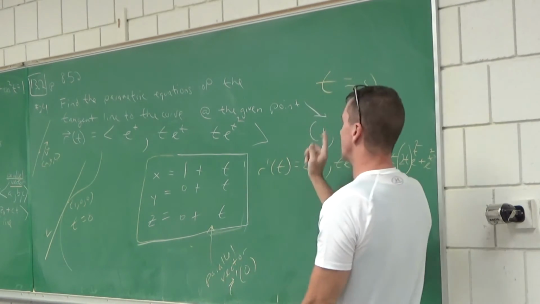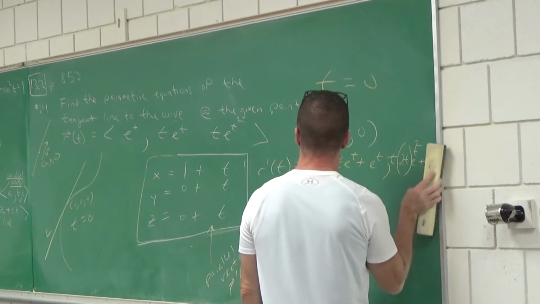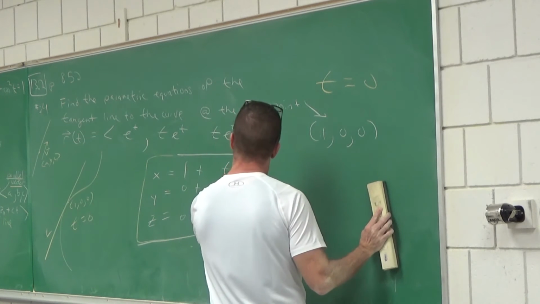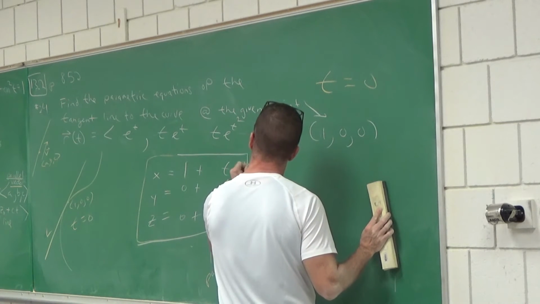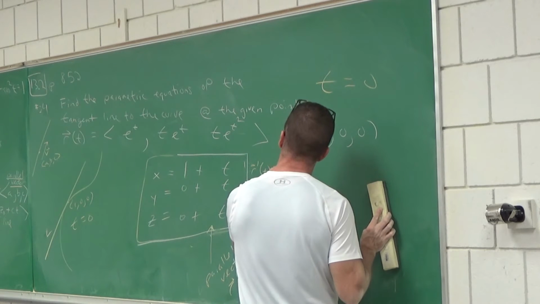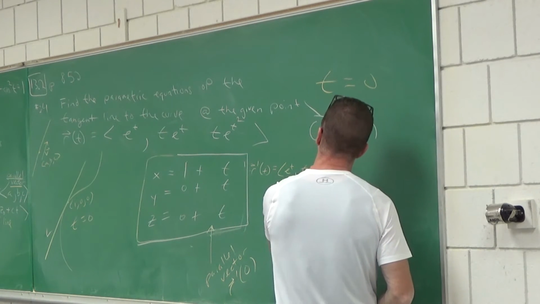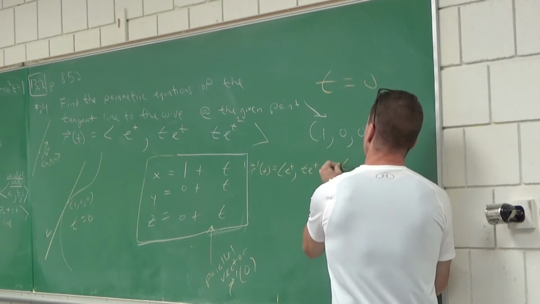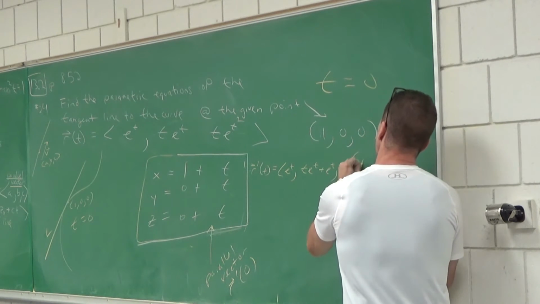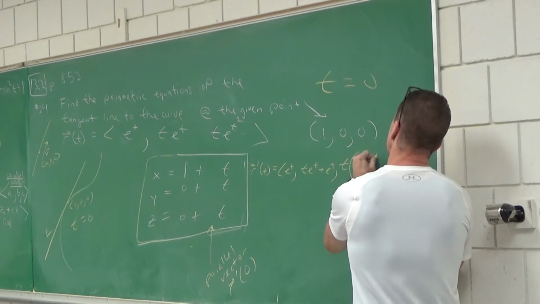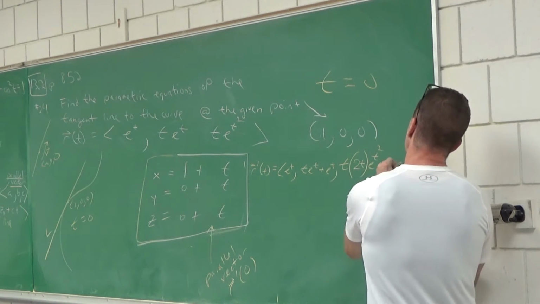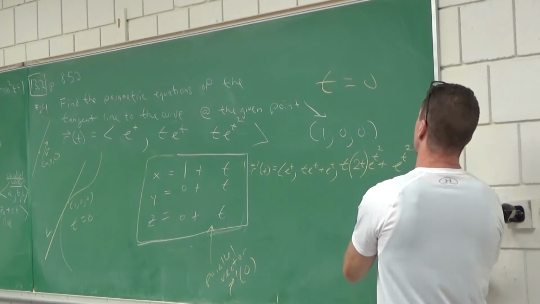And e to the t squared times a 1. Let me rewrite all this. R prime of t equals e to the t, t e to the t plus e to the t by product rule. Then it was t times 2t e to the t squared plus e to the t squared times a 1.